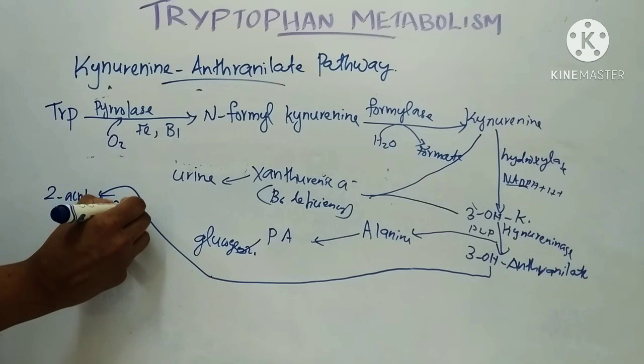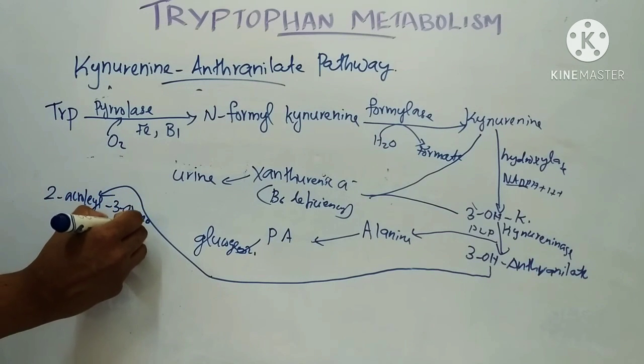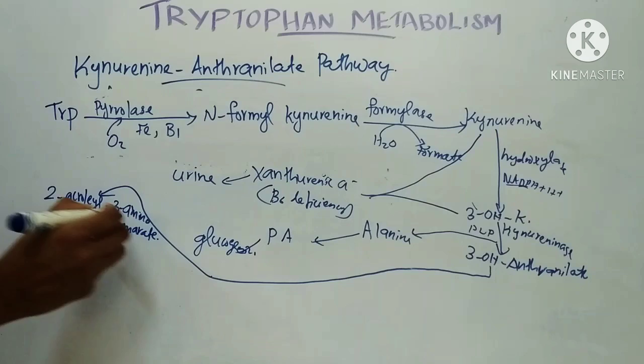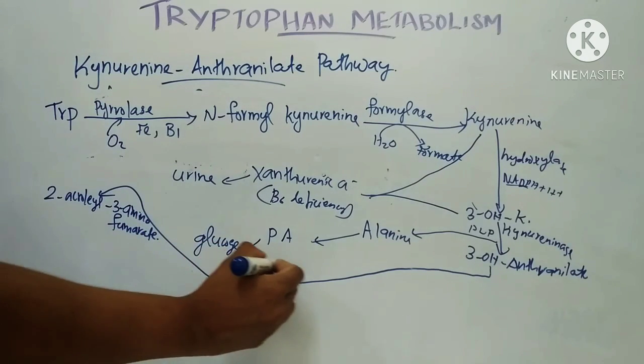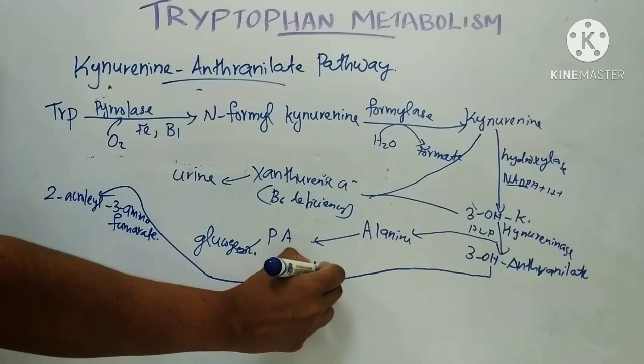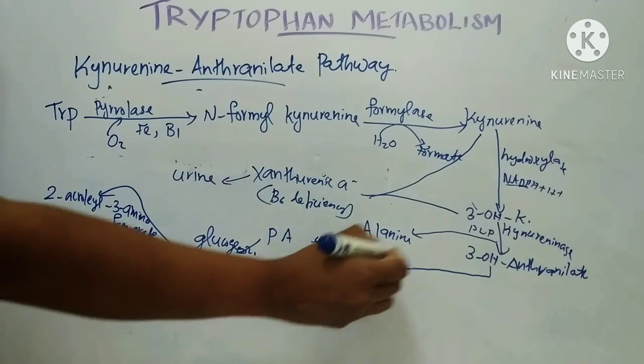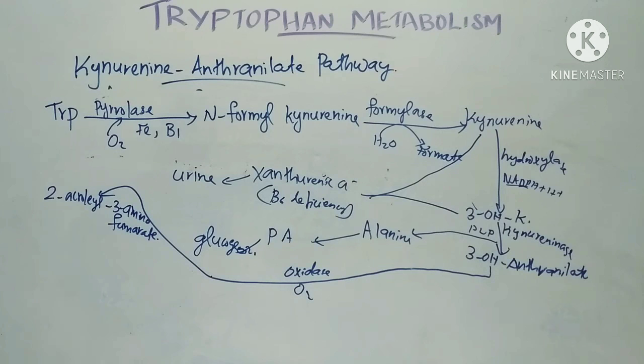This is by the enzyme 3-hydroxyanthranilate oxidase. By this enzyme, 3-hydroxyanthranilate is converted to 2-acrylyl 3-amino fumarate.